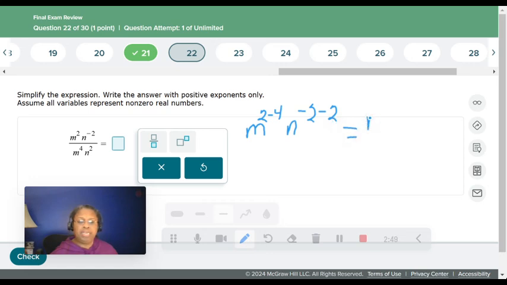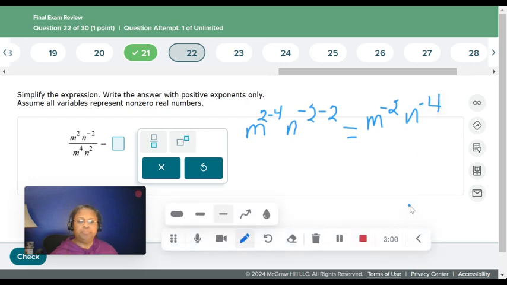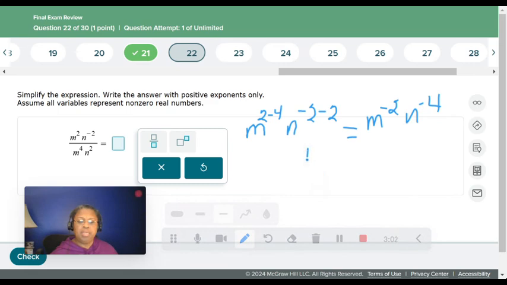That's going to give us m to the -2 times n to the -4. So we will write this in fraction form because both of these are negative. That's going to be m squared and n to the 4th.